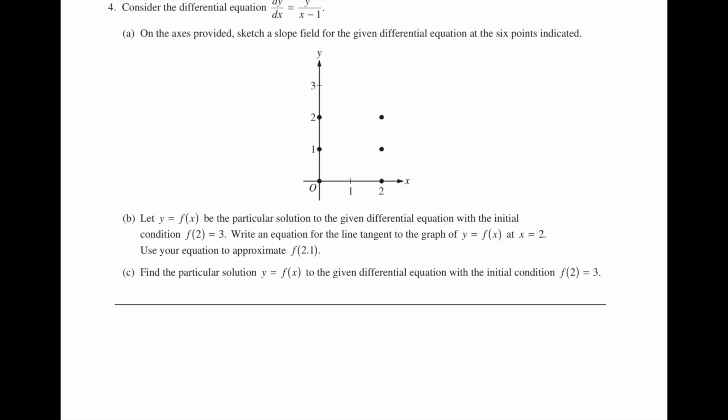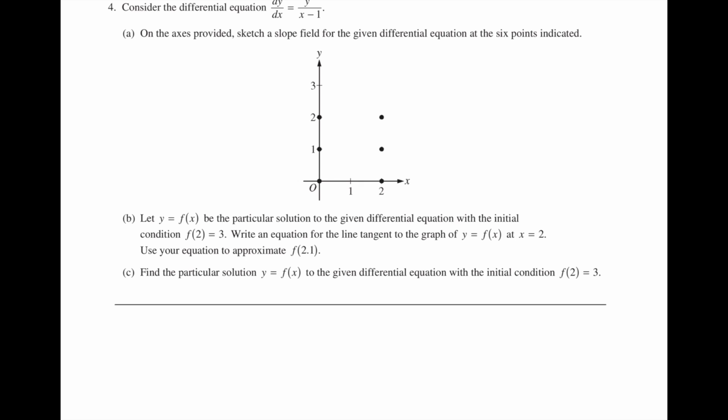If you didn't understand what to do here, you have 6 points, for example (0, 0), (0, 1), (0, 2), and (2, 0), (2, 1), (2, 2). Just substitute the values of x and y and you will get the value of the slope. After you get the value of the slope, just draw a line with that slope.